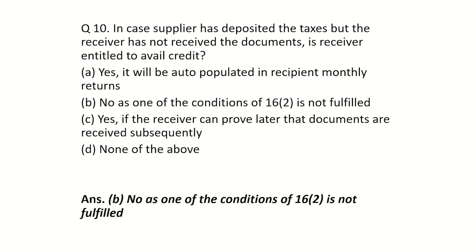Hence, in this case, the answer would be no, as one of the conditions of 16(2) is not fulfilled. That is, section 16 subsection 2 clause A says that the person claiming ITC shall have possession of the documents with him for availing credit.